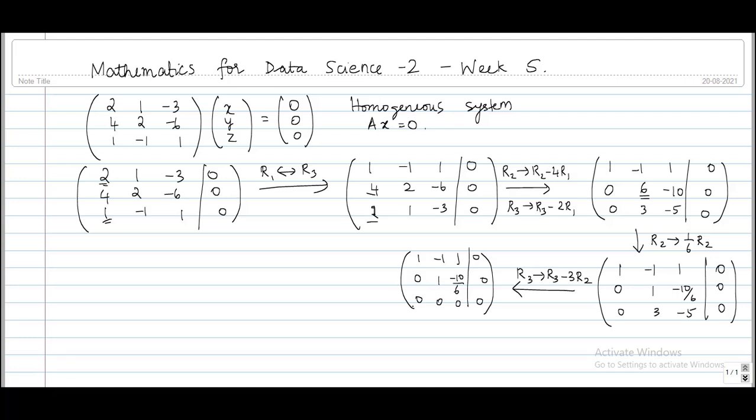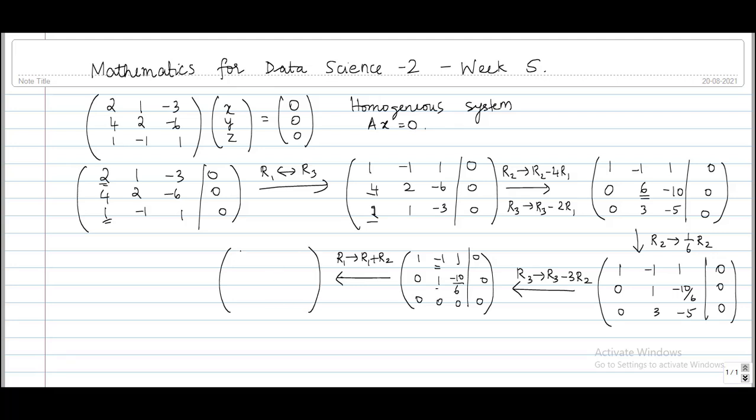So you can see that the final row is completely 0, which means that z is an independent variable. Now this is the leading entry of the second row. So above this also we should have zeros. So we need to make this minus 1 into a 0. That can be obtained by just adding the first row with the second row.